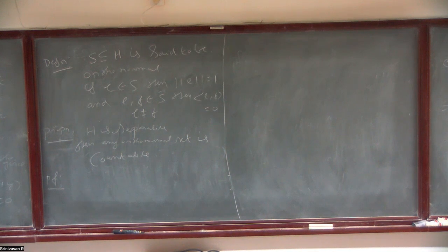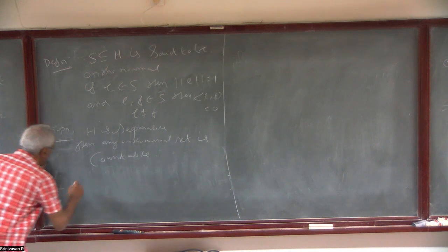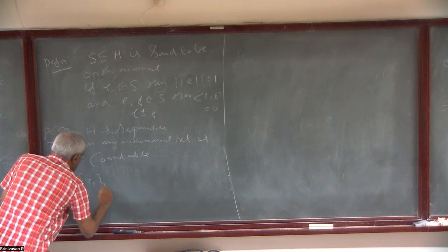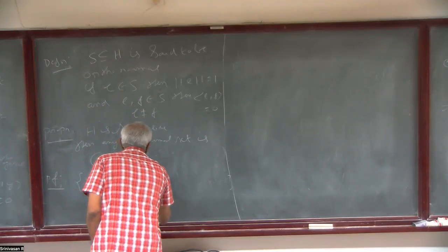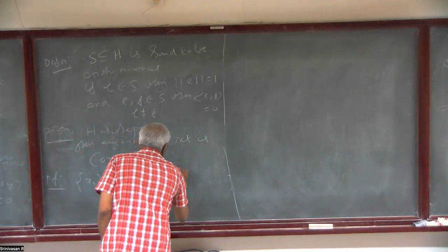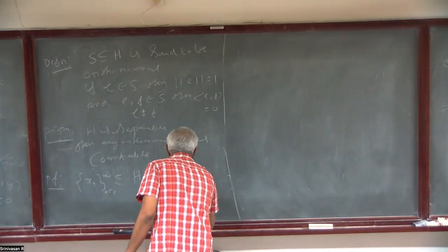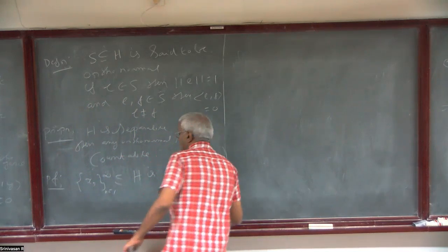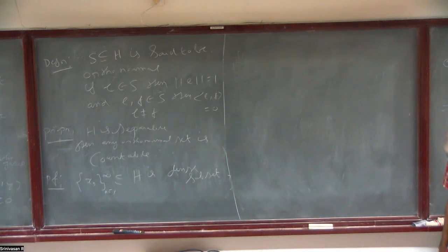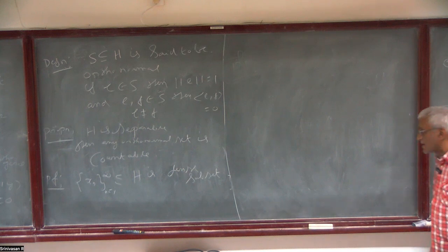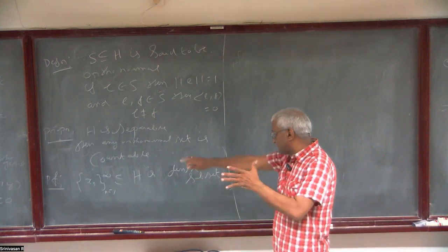We assume H is separable, so it has a countable dense subset, say X_n contained in H, a countable dense subset.